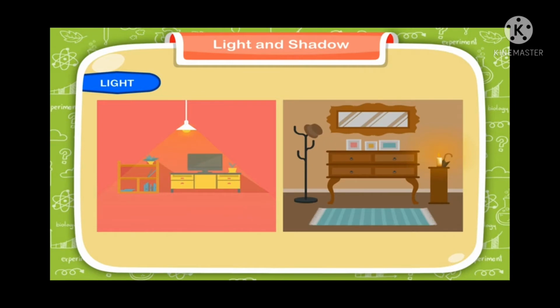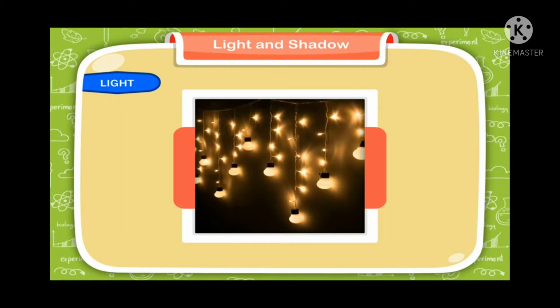An object is visible to us when light falls on it. When we see any object around us, it is due to the light. Therefore, light is equally important to us. Just as the environment around us, light is a form of energy that enables us to see the objects.